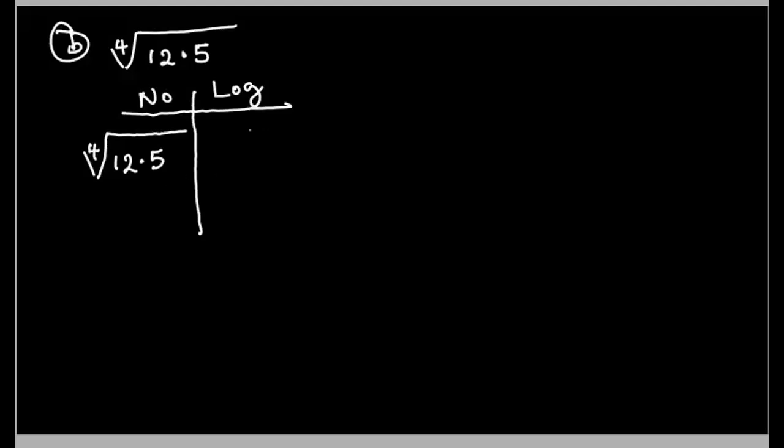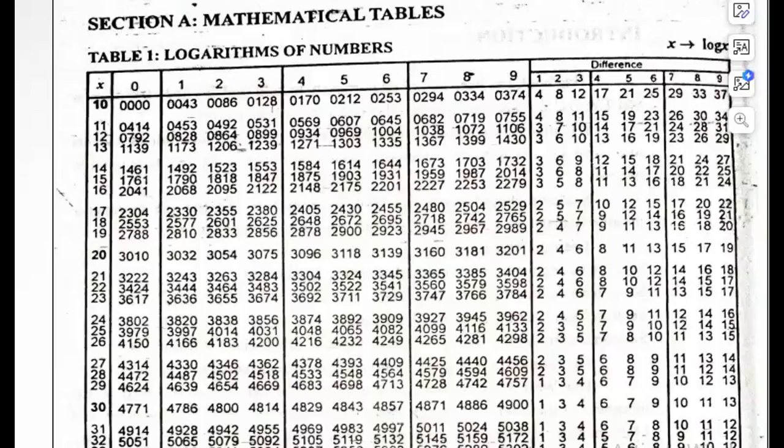So 2 digits minus 1 is just 1, and then point. Now we look for 12 under 5 only. Under the logarithm table, 12 under 5.